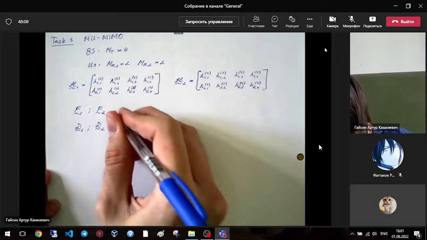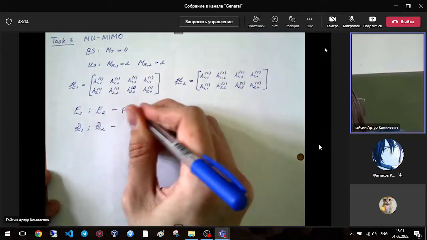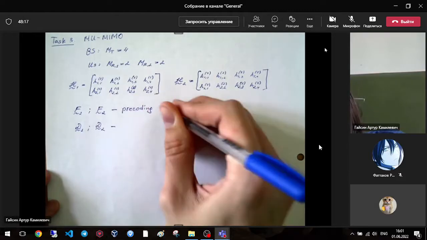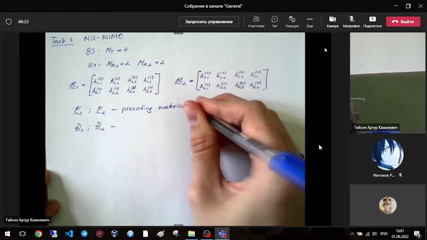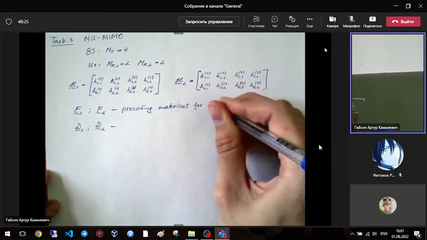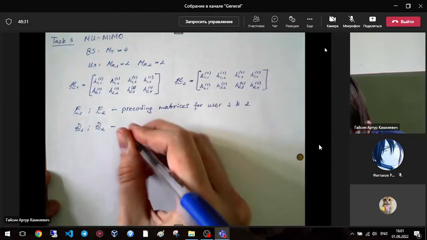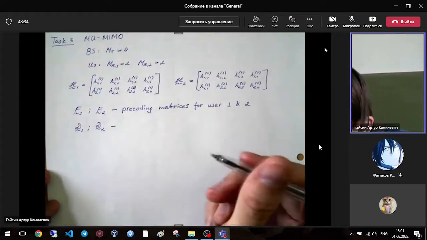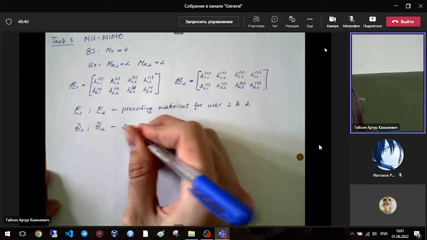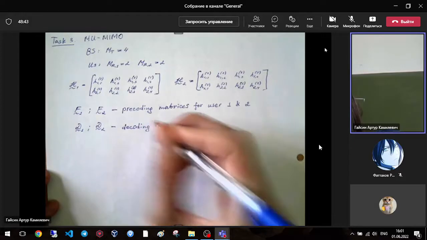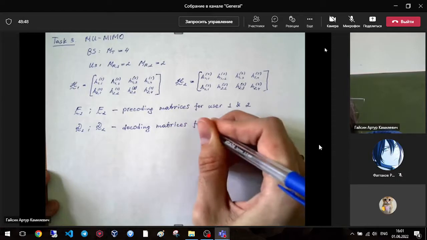So maybe let me write that this one and this one are precoding matrices for user 1 and 2 respectively, and this one is decoding matrices for user 1 and 2.